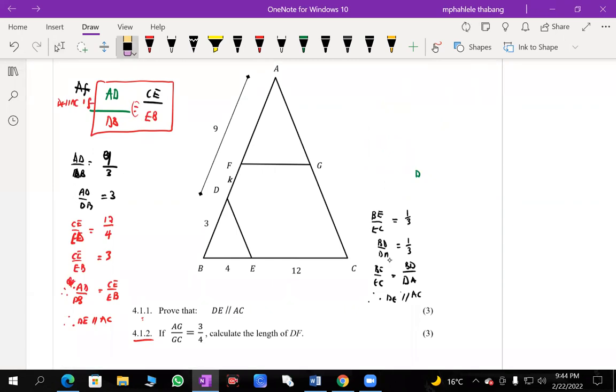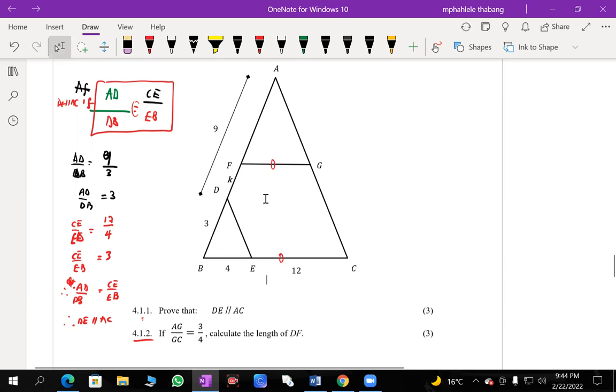You are, but with remarks, are we supposed to prove that? No, in this case they have already concluded that FG is parallel to BC, and that's why I write it, it is much clearer, FG is parallel to BC.